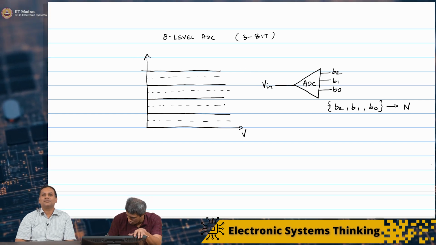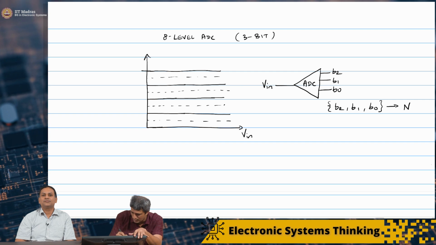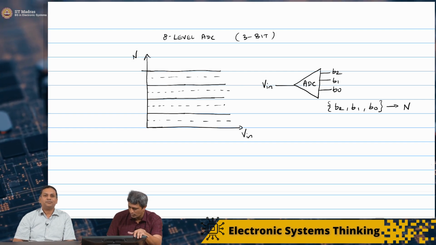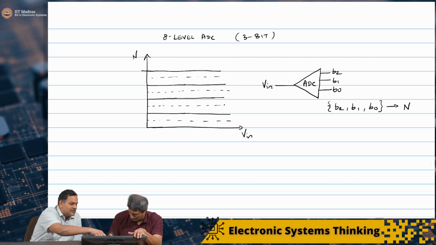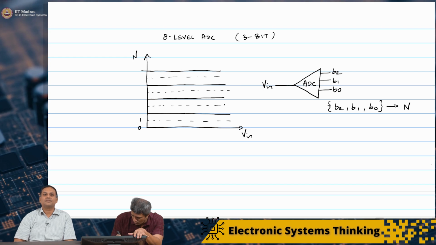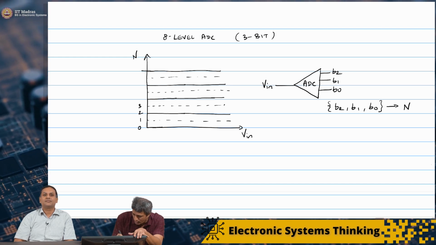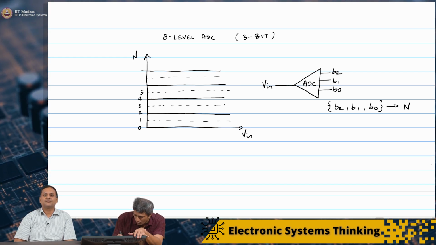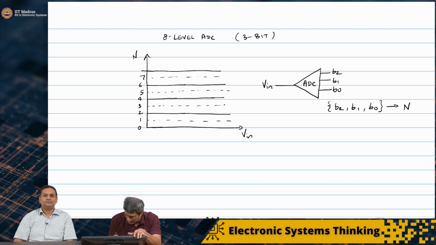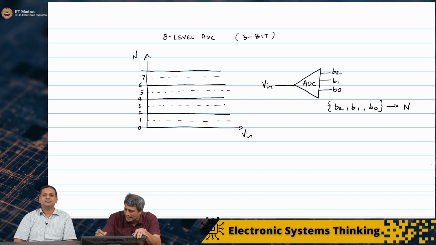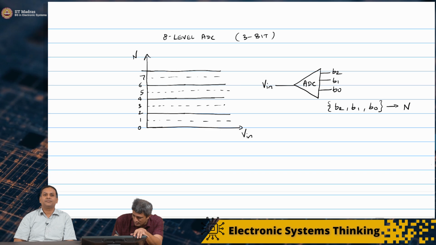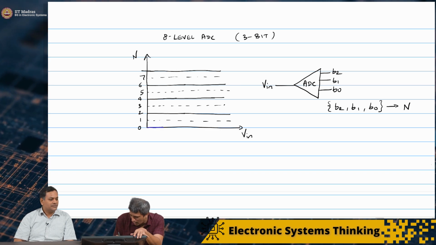So I want to do N versus V in. Effectively, these will be numbers 0, 1, 2, 3, 4, 5, 6, 7. And on the x-axis, I am going to have this 0 to 100 millivolt.